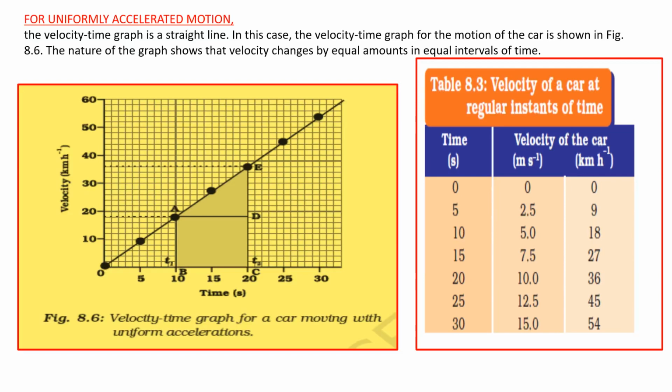When we plot a graph between velocity and time, then this graph will come out to be a straight line inclined to time axis. If we consider two time intervals t1 and t2, at time t1 the velocity of the car is 20 and at time t2 it is about 38 km per hour.